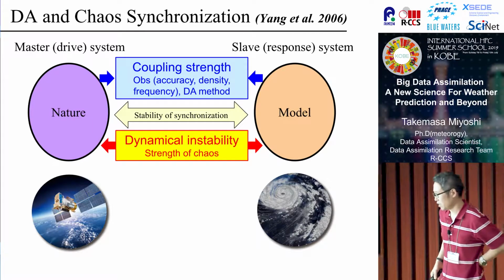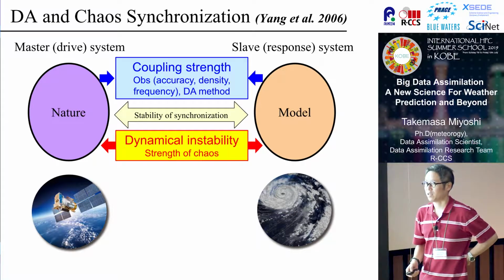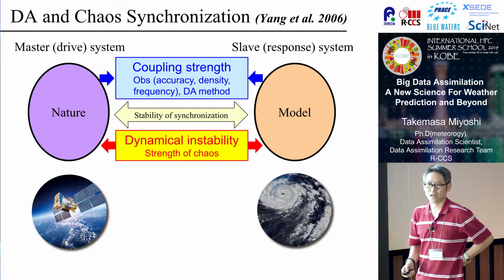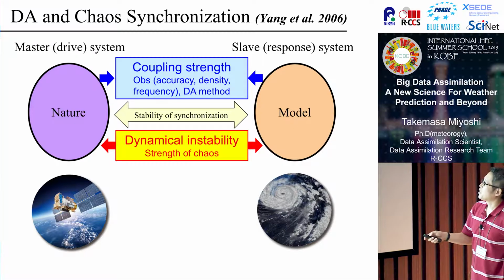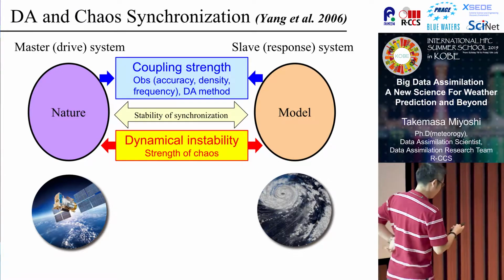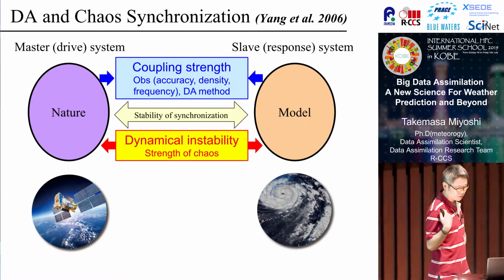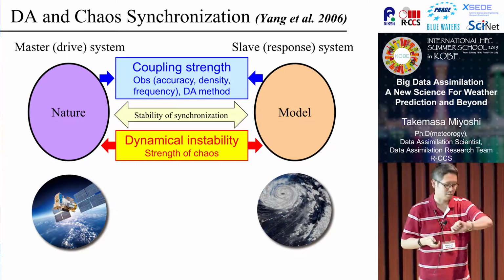Maybe we have weather observatories every several hundred kilometers from each other, something like that. It's good enough. So it really depends on what kind of observations are effective for this prediction. This is a very essential point, and data assimilation can provide the method to suggest what observation is effective.